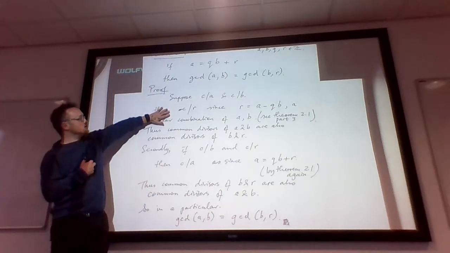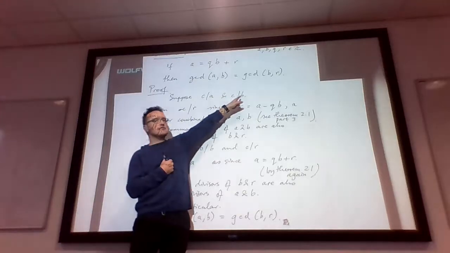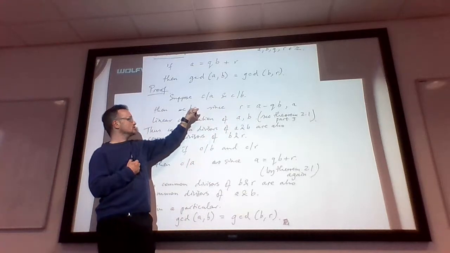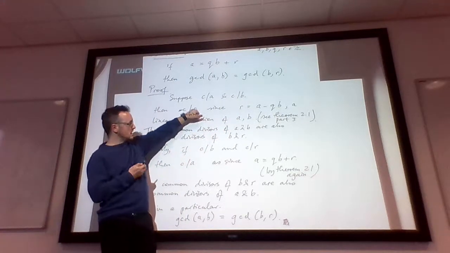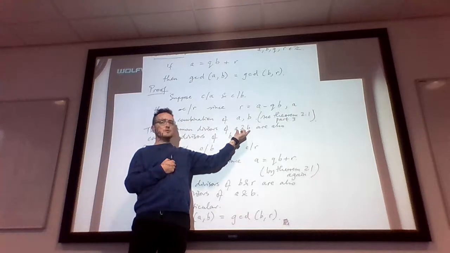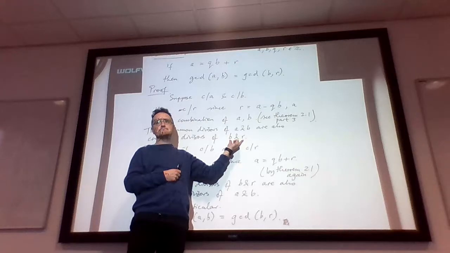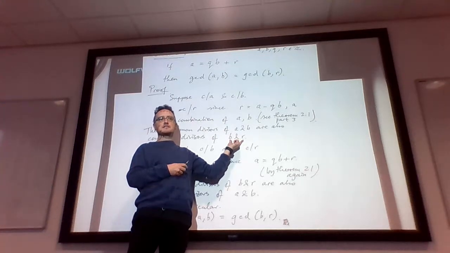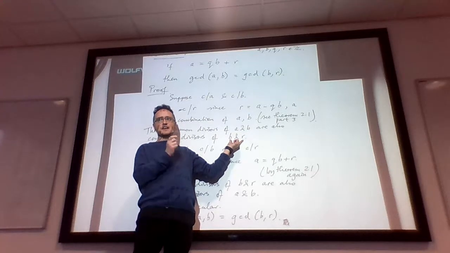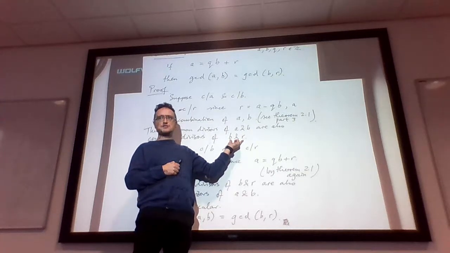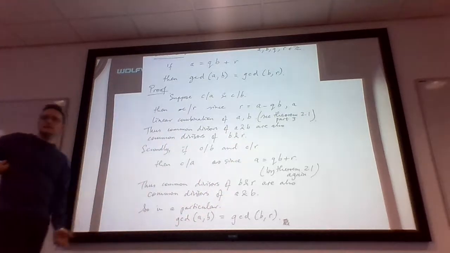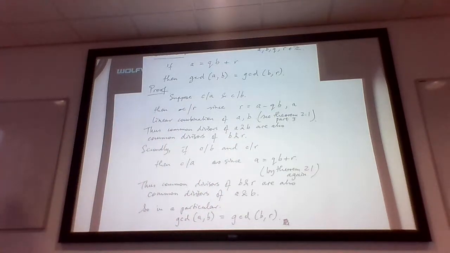First off, we say any common divisor of A and B also divides R. So that means common divisors of A and B are also common divisors of B and R. All of the common divisors of A and B are also common divisors of B and R. Yes. All of them.